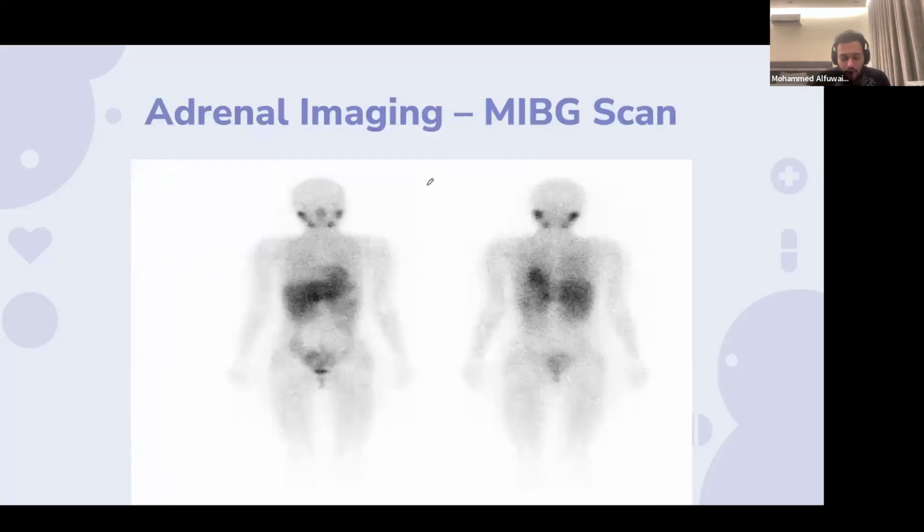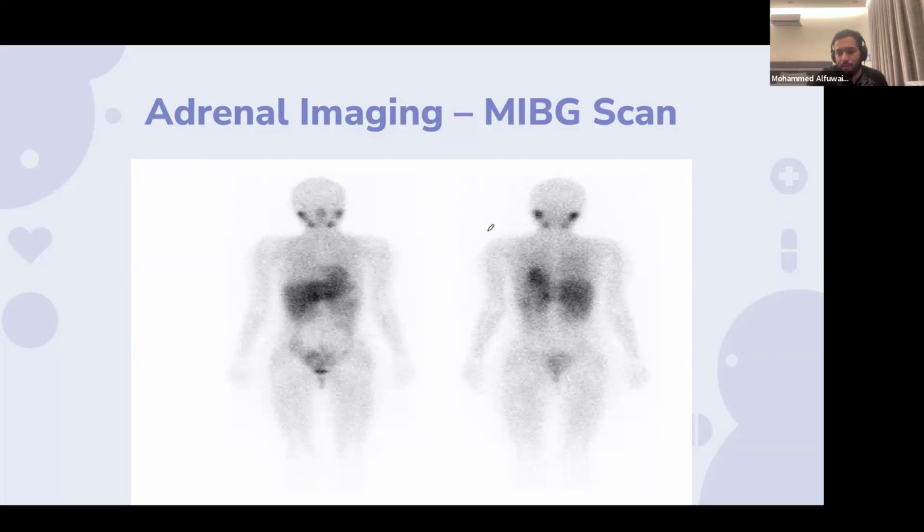Now, in the thyroid, we mentioned the thyroid uptake using iodine. In the parathyroid, it's a MIBI scan. In the adrenals, it's an MIBG scan, which is very specific to the adrenal glands. Here you can see many different organs, such as the liver and so on. The most important thing to remember is it's more specific to the adrenal gland, and you can see more structures with it.